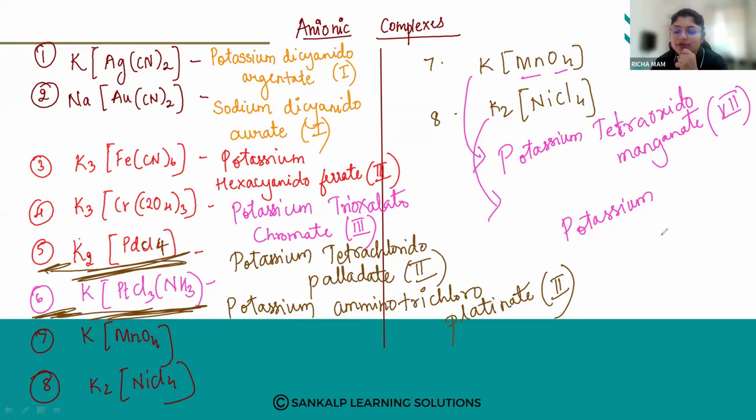How many chlorido groups are there? Four. So it is named as tetra. Tetrachlorido and nickelate. What is the charge on nickelate?